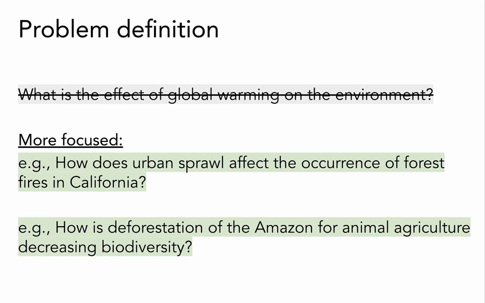For example, how does urban sprawl affect the occurrence of forest fires in California? Or how is deforestation of the Amazon forests for animal agriculture purposes decreasing biodiversity? So these would be two examples of how to refine this particular broad question.